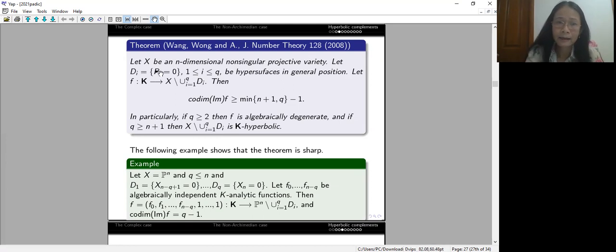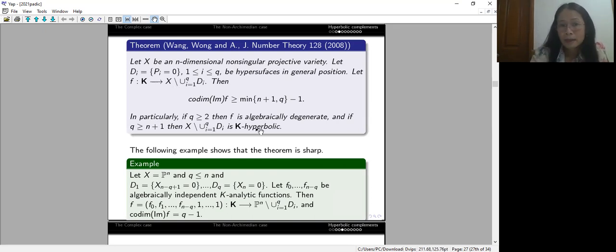What we can get here: when we consider any projective space, each time we cut down, the coordinates will reduce one time. And if we cut down enough, that means we cut down n plus 1, then the map has to be constant. That means the space has to be hyperbolic.